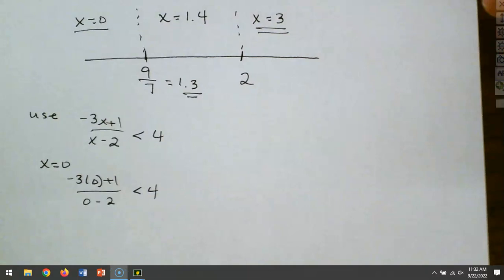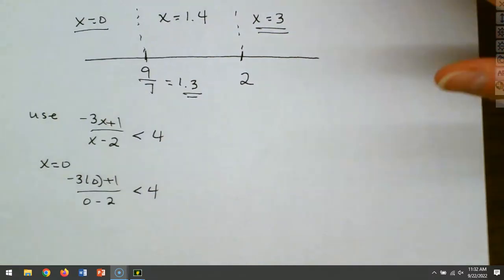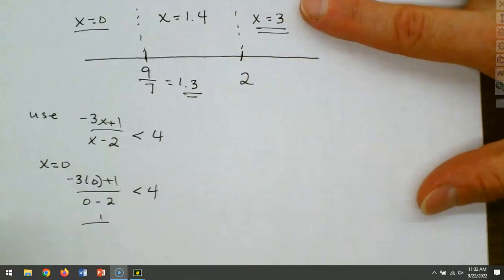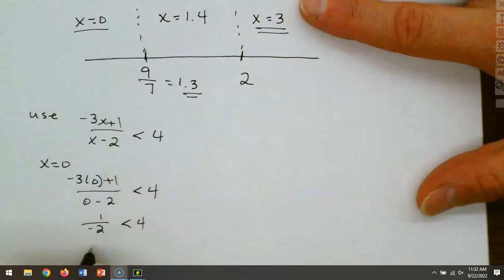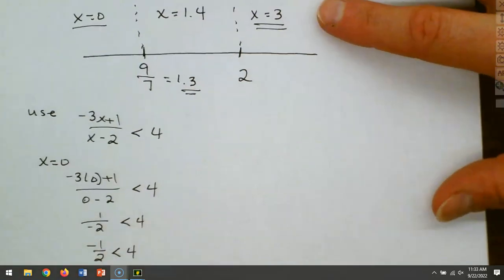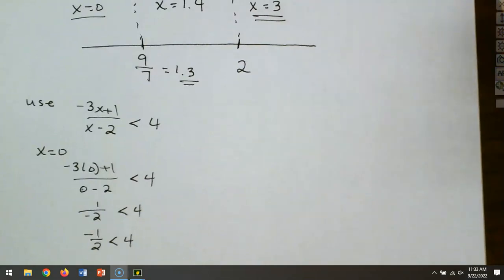Okay, and what do we have here? Well, negative 3 times 0, that's 0. Plus 1, that's 1. 0 minus 2, that's a minus 2. Bring that negative up, and we get a negative 1/2. And is negative 1/2 smaller than 4? True or false? It's true.